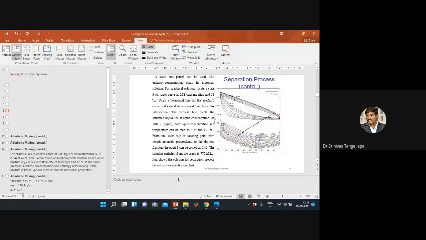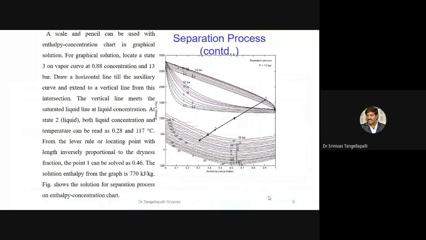Graphical solution is easy also, because you didn't use any single formula here. Without using a calculator or any single formula, you solve the entire process. That is the advantage of this separation process. That's a graphical solution for this thermodynamic process. Even with the Mollier chart you enjoyed drawing vertical lines for isentropic expansion in a turbine, and horizontal lines for constant enthalpy.